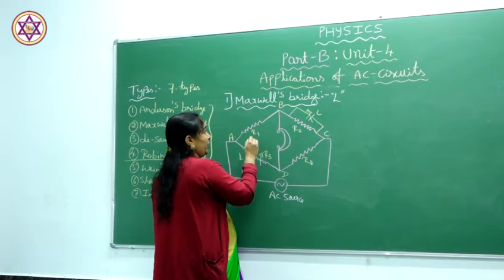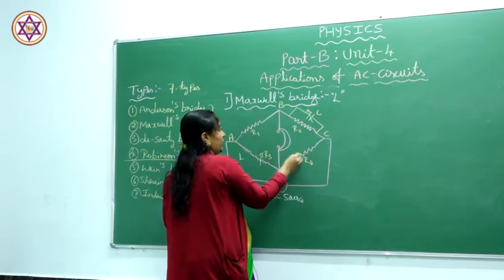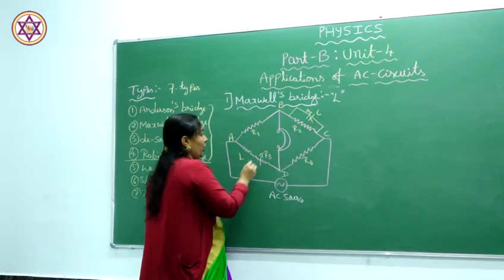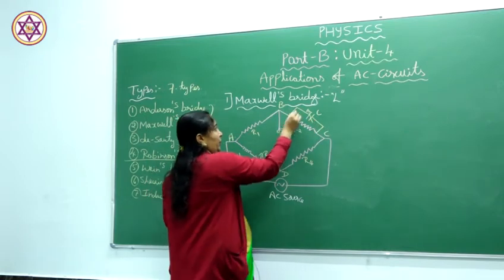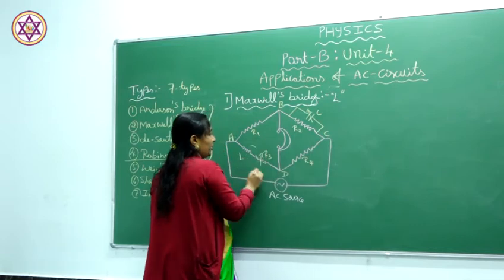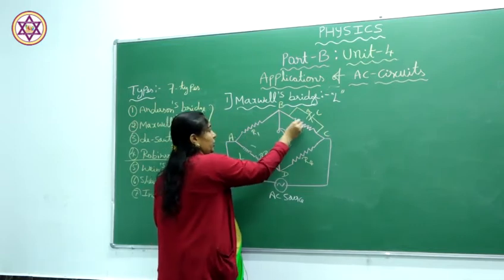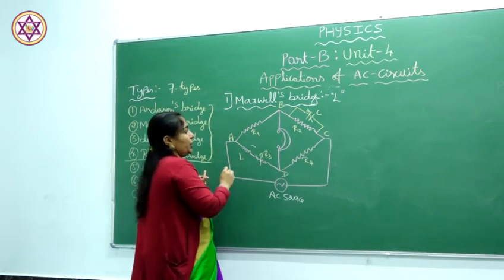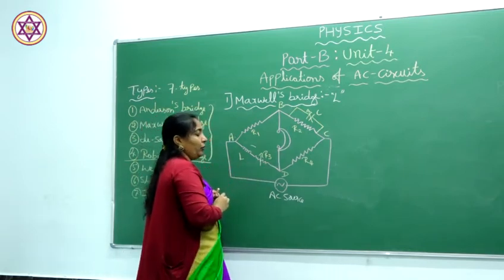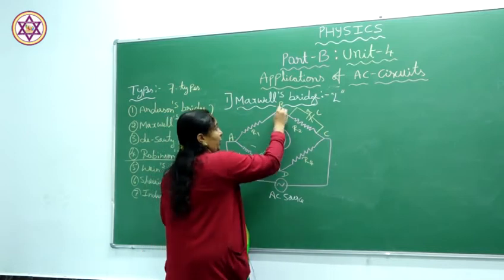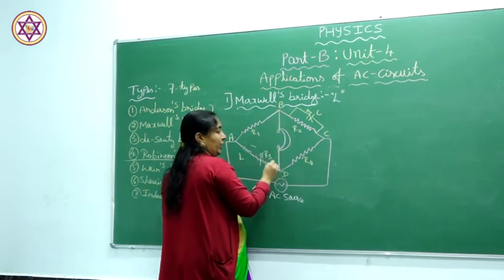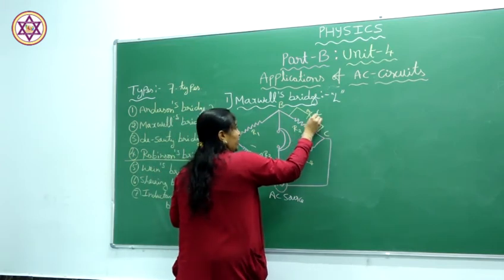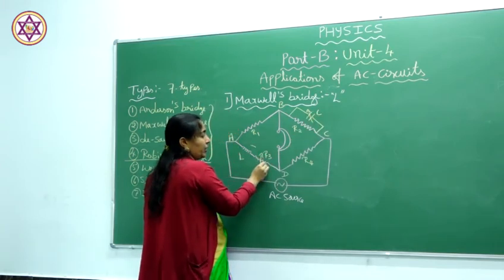The impedances may be pure resistances or complex impedances. In Maxwell's bridge they use resistances as well as an inductor and a capacitance. This makes the complex impedance. These are the pure resistances. The potential at B and D are made the same by varying the capacitance C and the resistance R3.